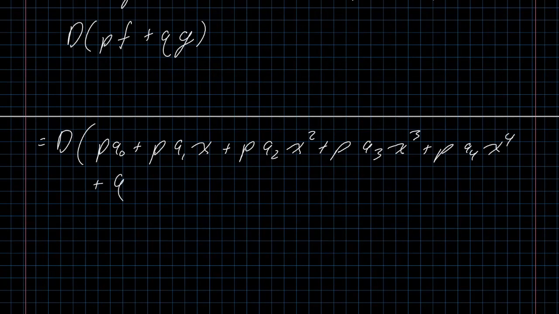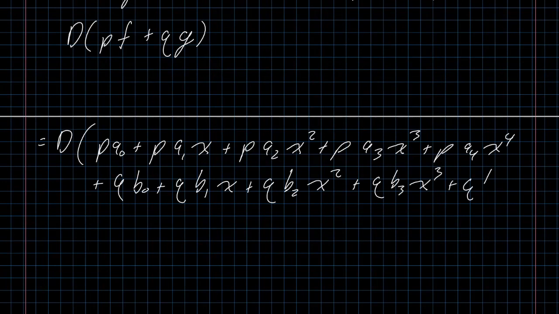And we're going to have q times b0 plus q times b1 times x, q b2 x squared, q b3 x cubed, q b4 x to the fourth. I'm sorry, these shouldn't be a's, these should be b's.